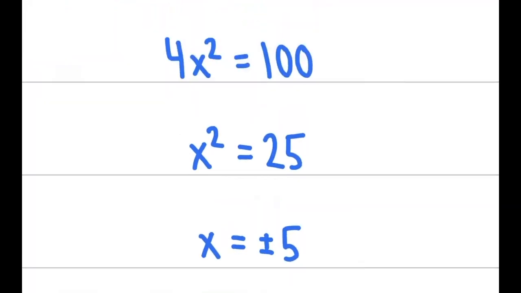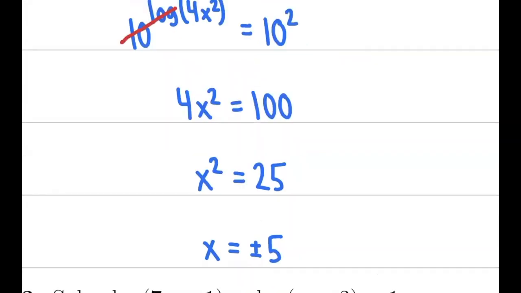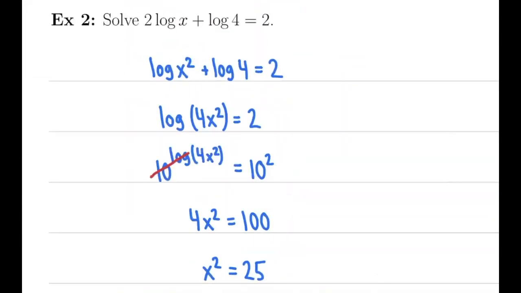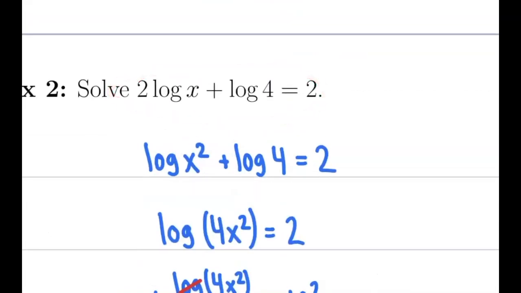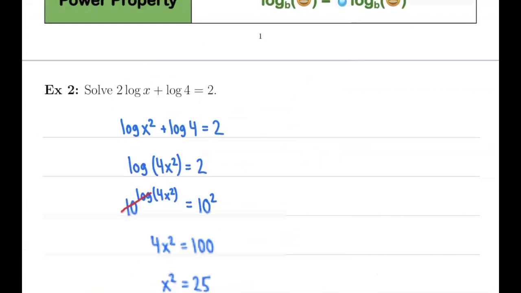But there's a bit of a problem here because if you're checking your work and you plug in -5 into the original equation, you're going to get 2 times the log of -5. So when you're trying to find the value of log of -5, you need to ask yourself 10 to the power of what?